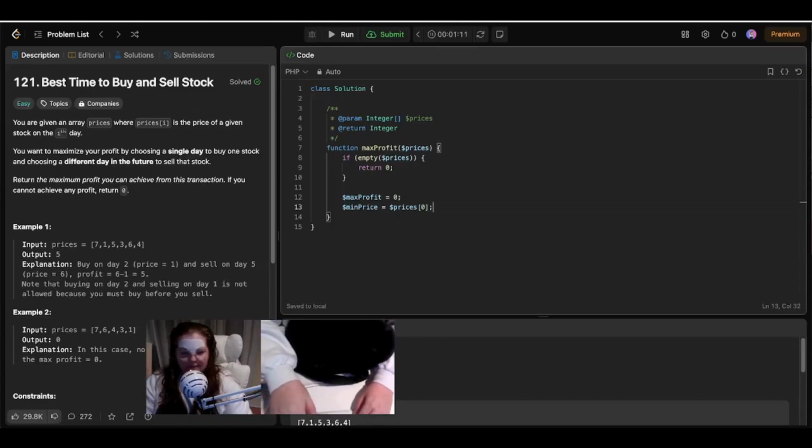And then I can say this one, instead of for price and prices, it's going to be for each prices as price, I think.